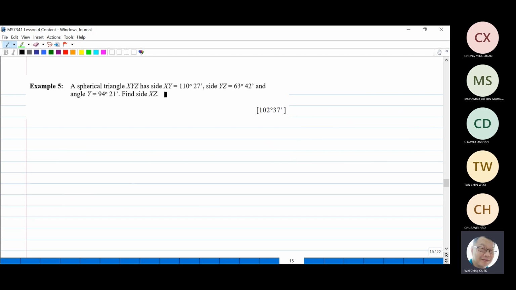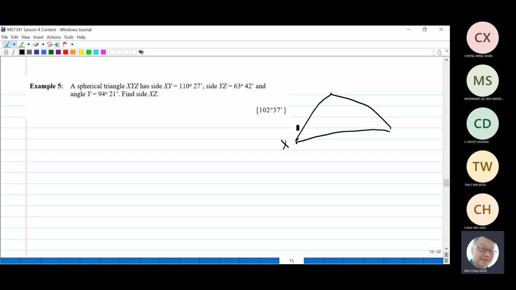XY is one side, XY is 110 degrees 27 minutes, side YZ is 63 degrees 42 minutes, and angle Y is 94 degrees 21 minutes. So let's draw the triangle XYZ here.